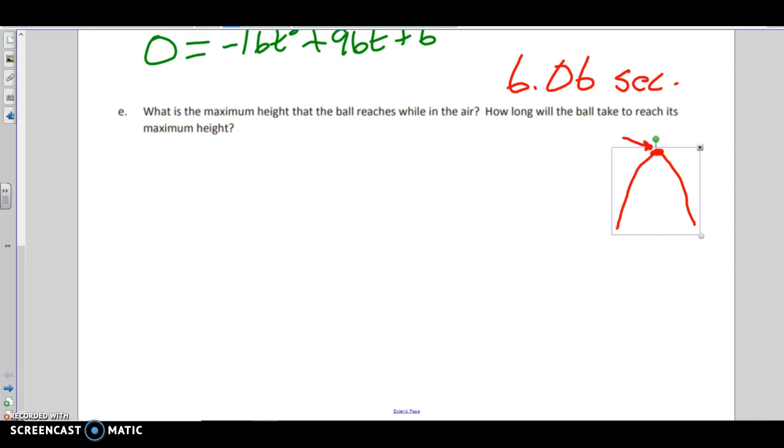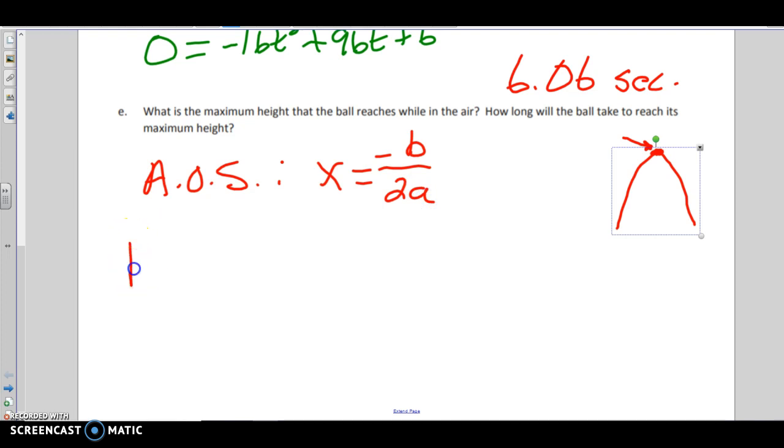So we're going to use a specific formula based on our standard form equation. We're going to use a formula to find the axis of symmetry. And that formula is x equals negative b over 2a.